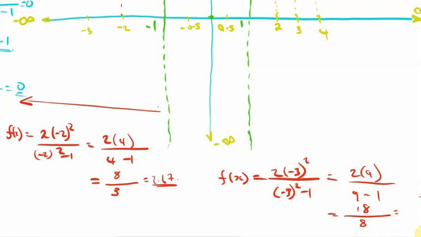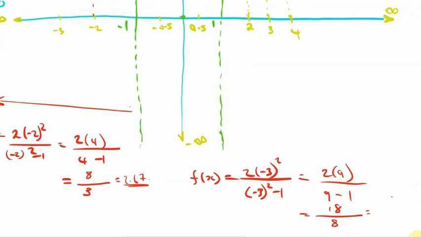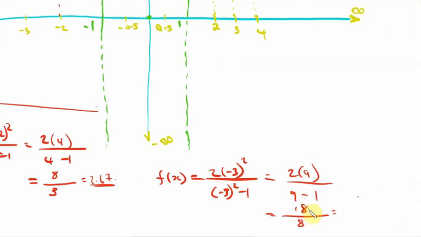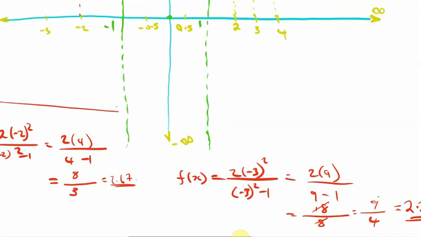We can simplify this one. 2 into 8 is 4, 2 into 18 is 9. 9 over 4, okay, 9 divided by 2 is 4.5, 4.5 divided by 2 gives me 2.25. So this is 2.25.